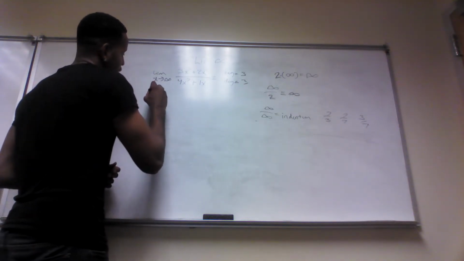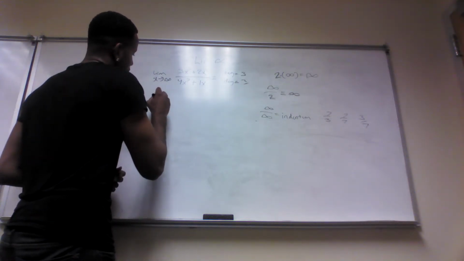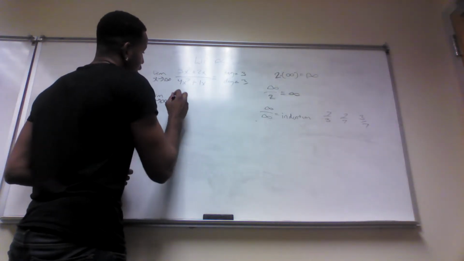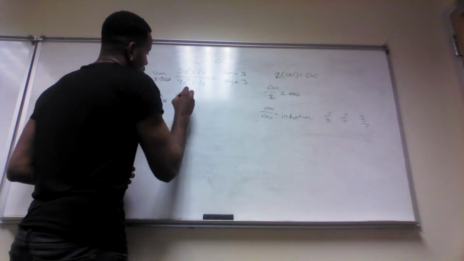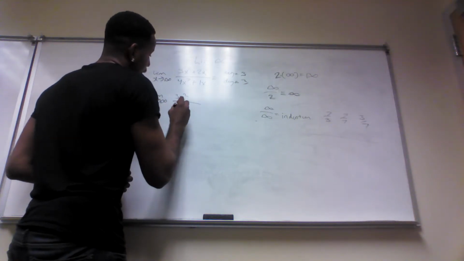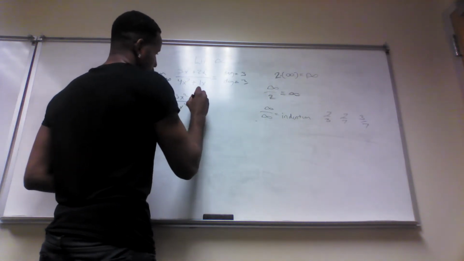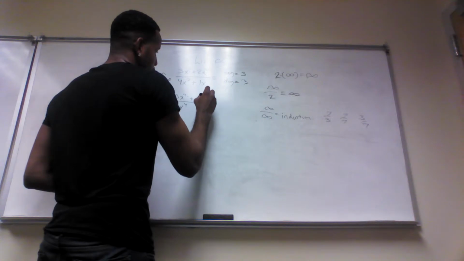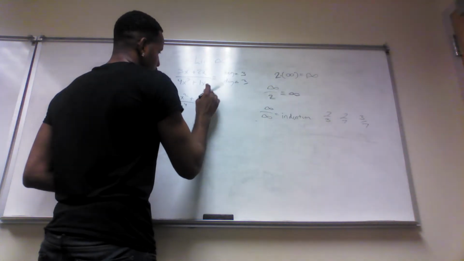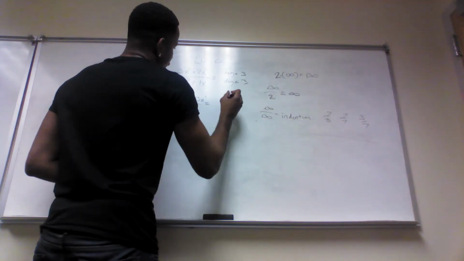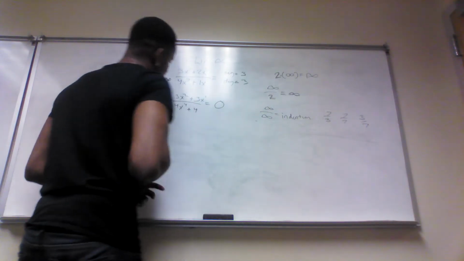If we have the limit of x approaching infinity, and the degree on the bottom is bigger than the degree on the top, plus 3x plus 4, this one's going to equal 0.